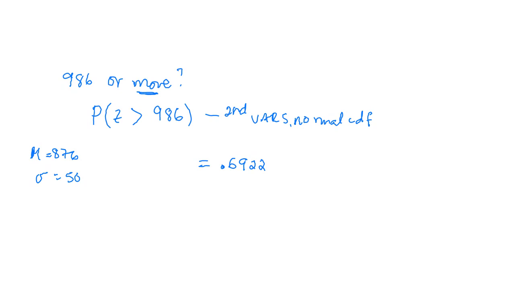What did you put as the lower and the upper? Sorry, I missed that part. For the lower, I have 986, and for the upper, negative 999. Double check.